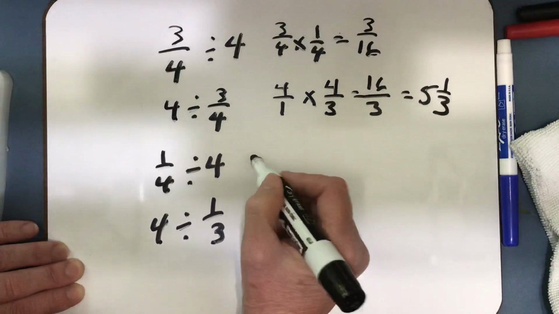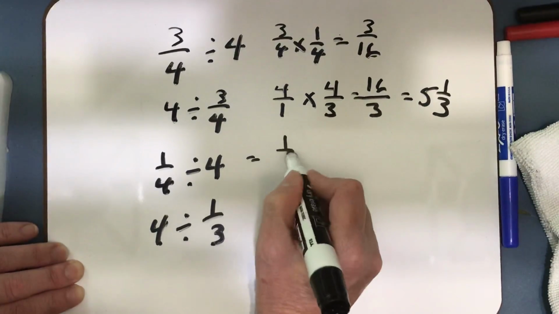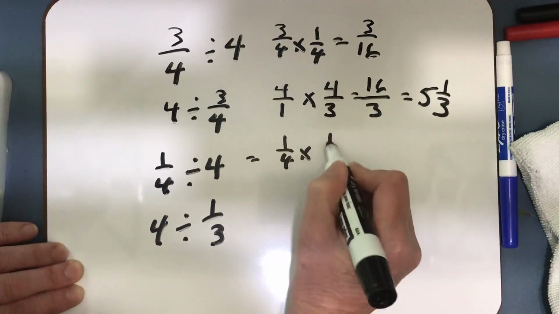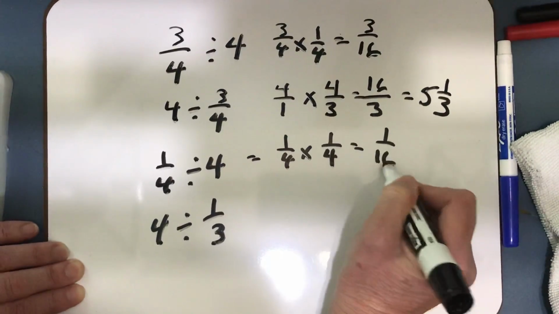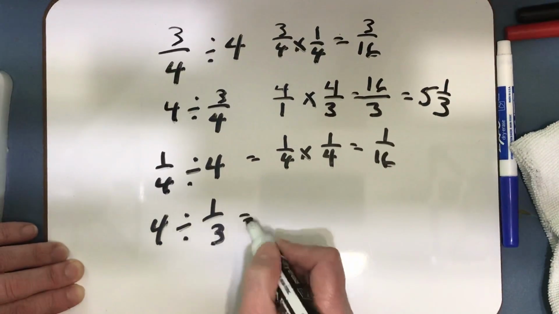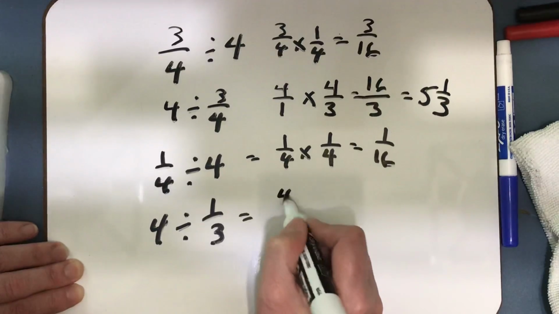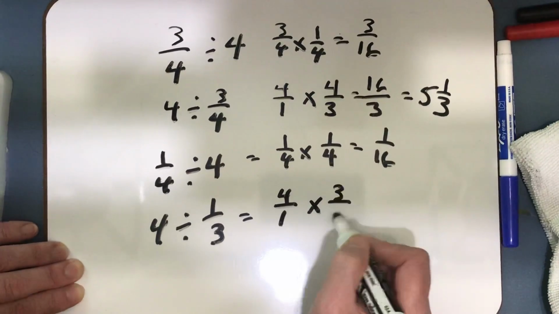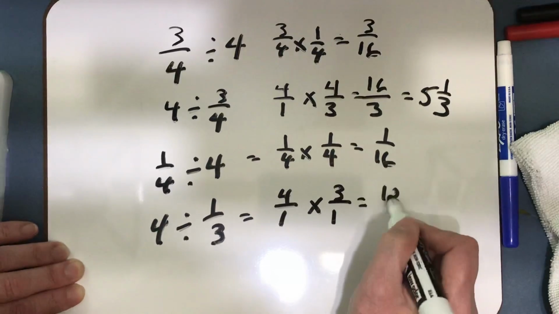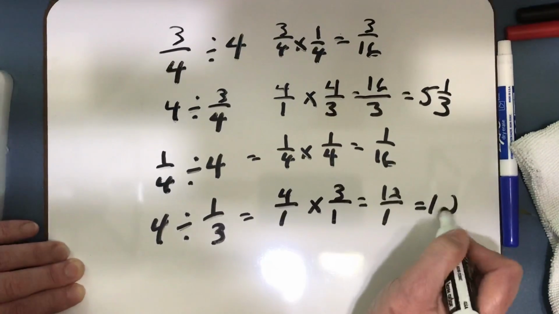The next one, I'm going to multiply by the reciprocal of the divisor. The reciprocal of 4 is 1/4. That equals 1/16. And on the last one, I'm going to change the 4 to a fraction, 4/1, times the reciprocal of my divisor, 3/1, equals 12/1, which equals 12.